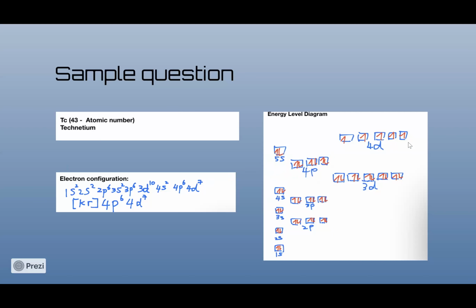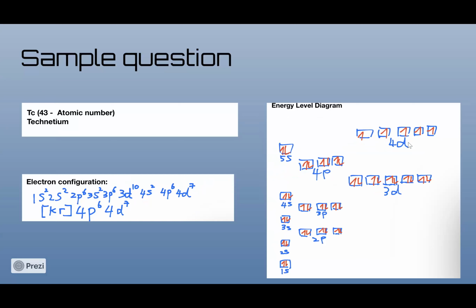Here I'm gonna provide you with a practice question, just to see your understanding. So here is the sample question, which is Tc, which has atomic number 43, aka technetium. Here, I already did it for you.